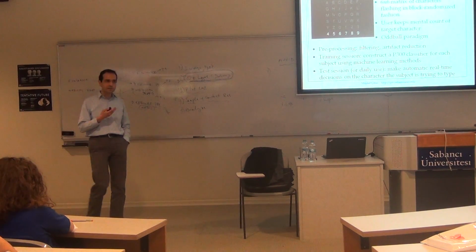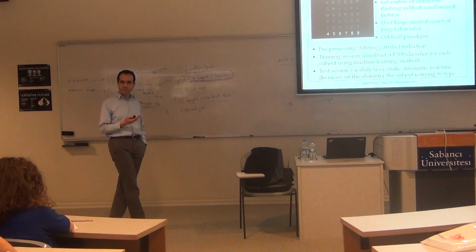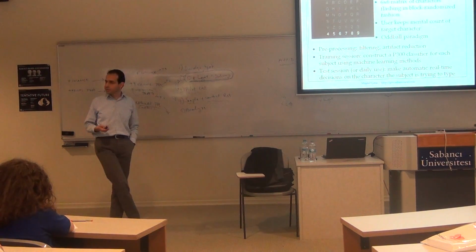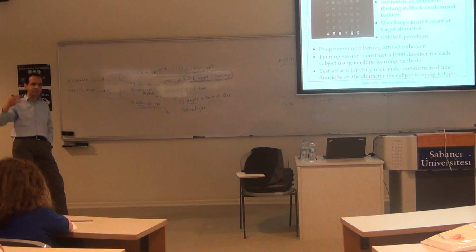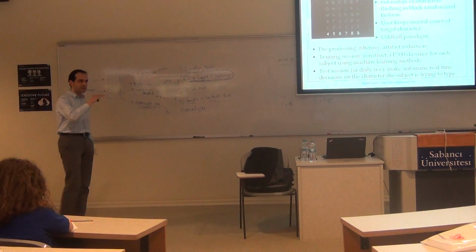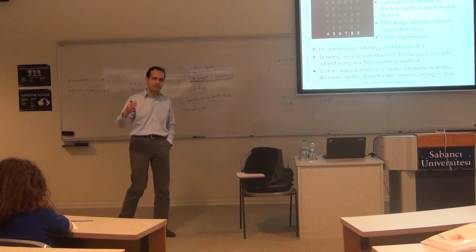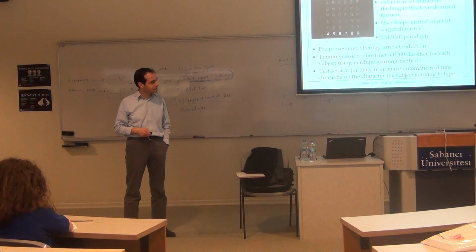This is an exploitation of the oddball paradigm: 1 out of these 6 is the target, and the other 5 are not. So what you expect is that in that first row, the person generates this P300 response. In the other 5 rows, the person just generates usual brain activity.